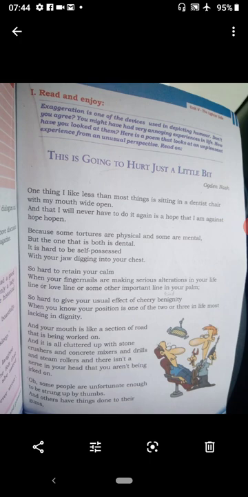What about you? I don't know. That depends on you. But the one that is both is dental. It is hard to be self-possessed. Self-possessed means able to remain calm and quiet. You should be calm and quiet. You shouldn't cry, be upset, or fear.